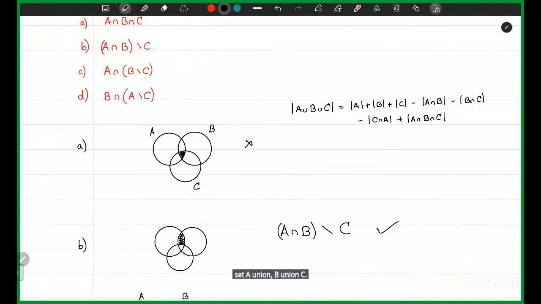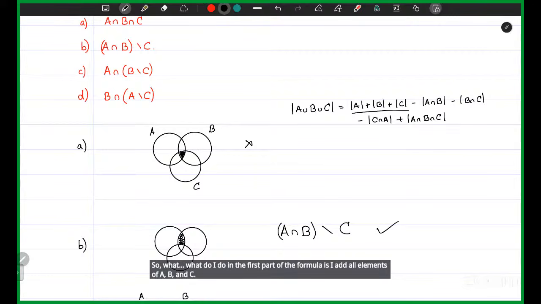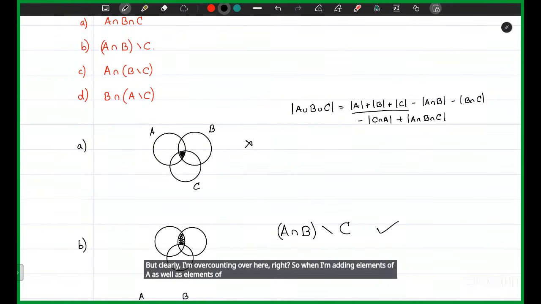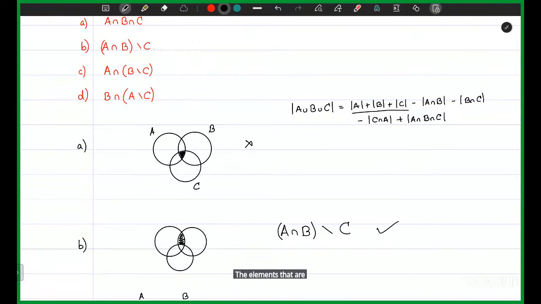It is something that could be A or B or C. So in the first part of the formula, I add all elements of A, B, and C. But clearly I'm overcounting here, right? When I'm adding elements of A as well as elements of B, the elements that are in A intersection B, I'm adding twice.